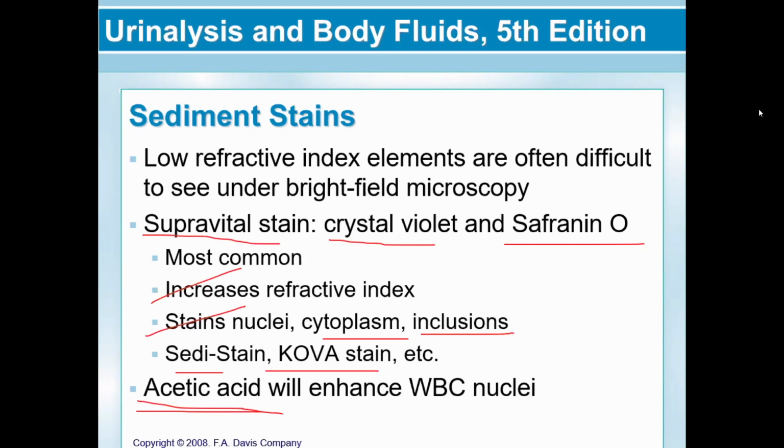So if acetic acid enhances the WBC nuclei, we can appreciate their multi-lobed nuclei, right? For example, for neutrophils, we can see the polymorphonuclear appearance, okay?